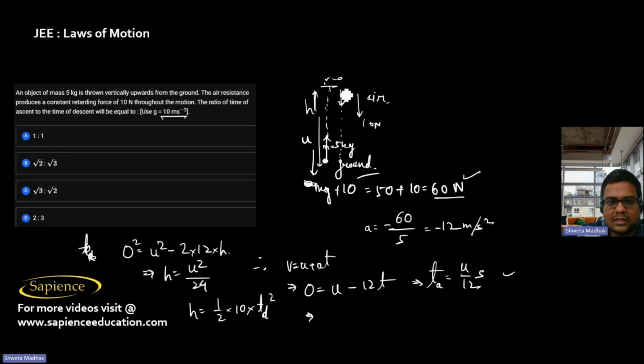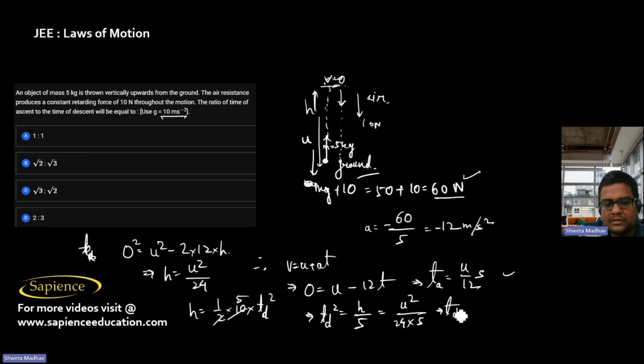Since when it is coming down, the initial velocity will be 0, which is the velocity at the uppermost point where it reaches. So 2 5s are 10. So td square is equal to h by 5. So h will be u square by 24 into 5.